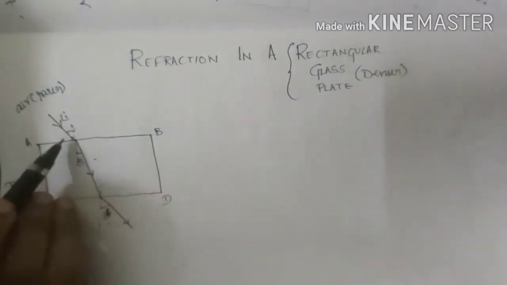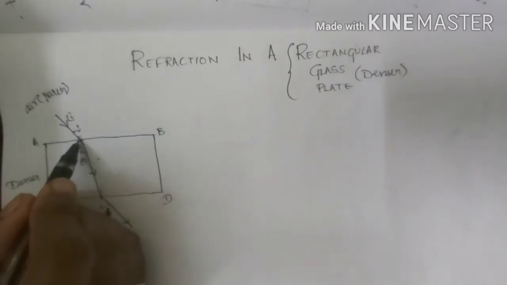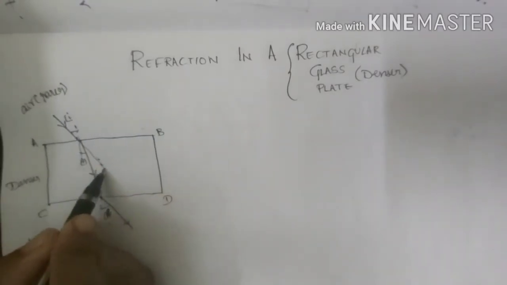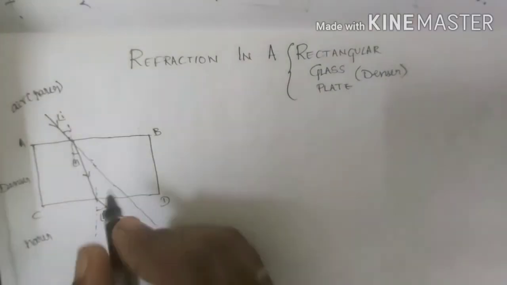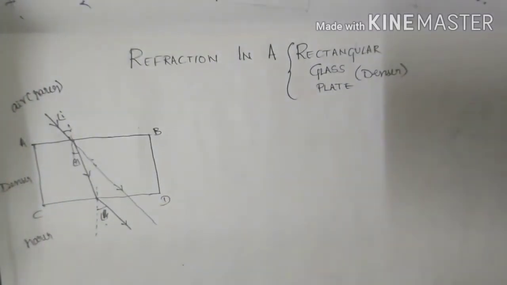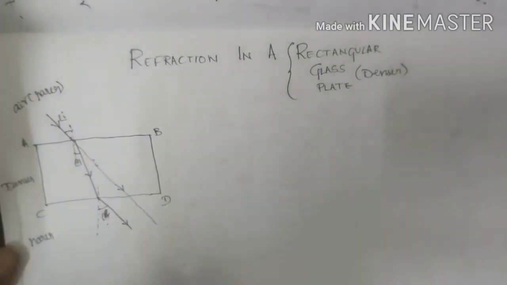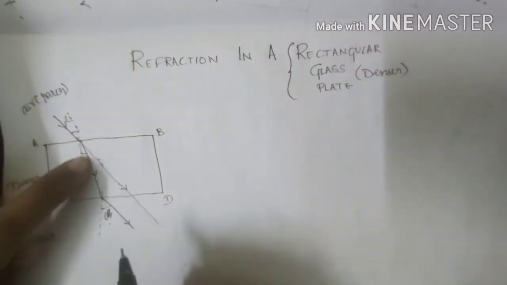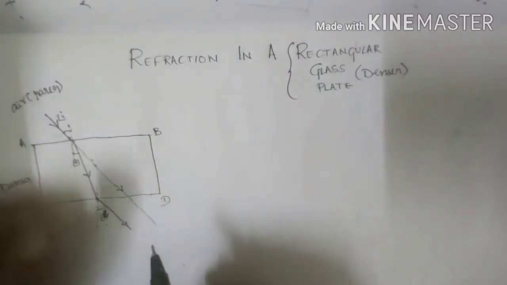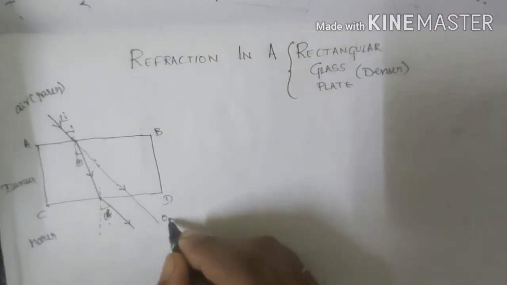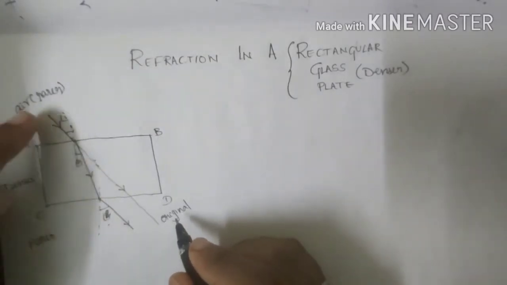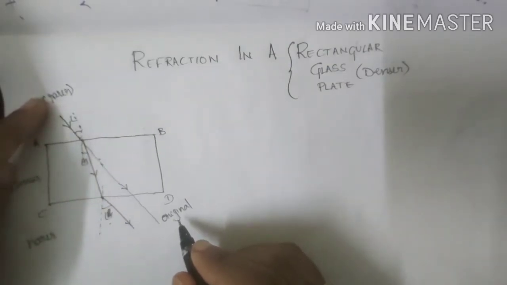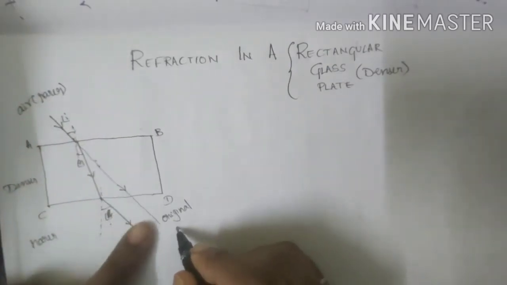Now when you observe the angle of incidence, I'm just drawing a very light ray so you'll be able to observe the difference. This very light line is your original incident ray. If there is no glass in between, then the light coming from the air medium will follow only this path.